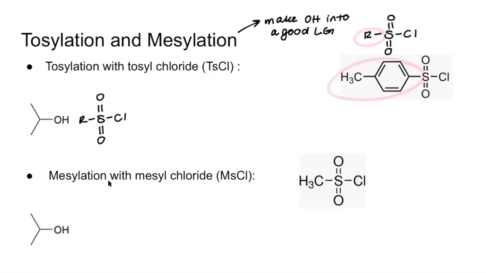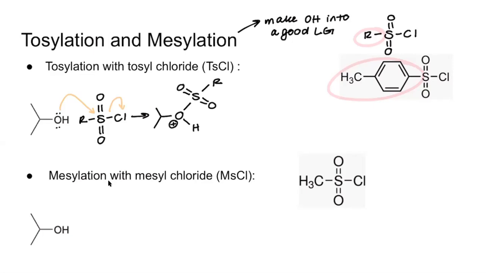And so remember, you have these lone pairs on the oxygen. They're going to come and attack your sulfur, and that is going to kick off that chlorine and give you something that looks like this. Now you have a plus charge on your oxygen, with that R group sticking out.